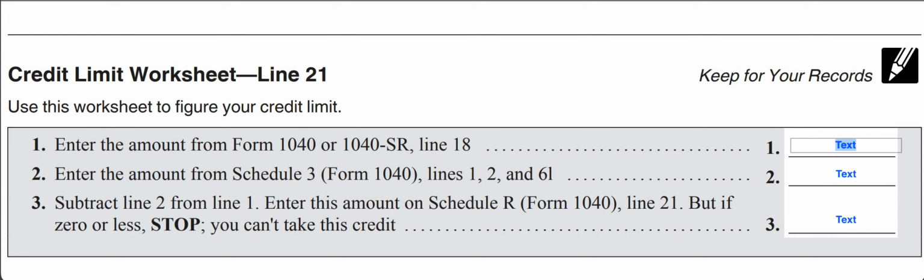What is line 18? Well, if you go to your Form 1040, your line 18 equals the total tax, which is on line 16, and then an adjustment amount on line 17. That happens to be, if you go to IRS Schedule 2 and you look at line 3 and trace that down, a combination of two taxes.